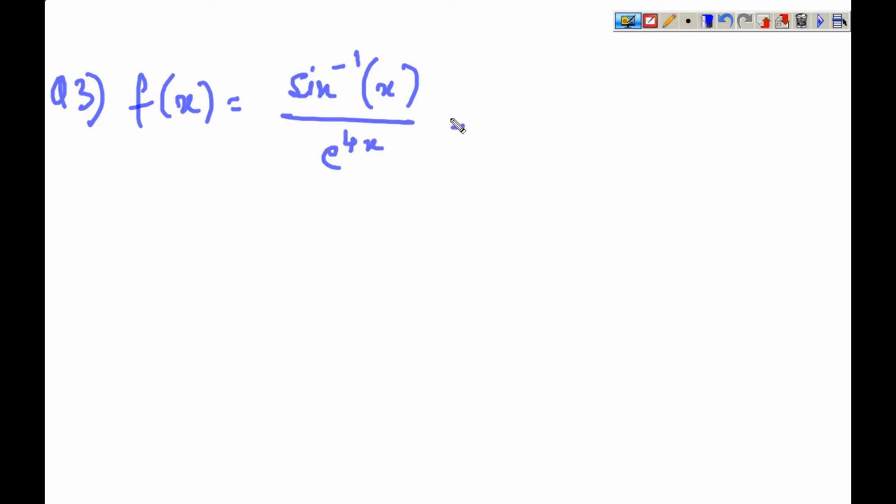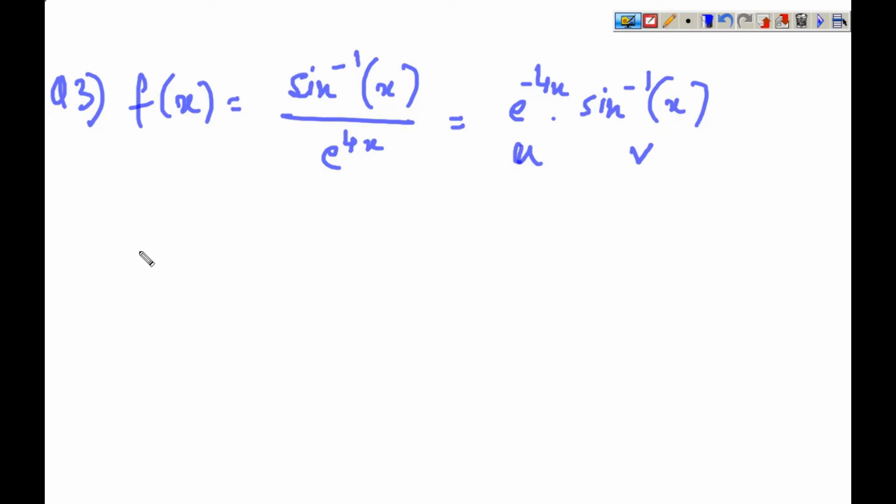Now I can also write it as e to the power minus 4x multiplied by sine inverse x. So again, we have two functions here. This can be u and this can be v. Let's start to differentiate using the product rule.